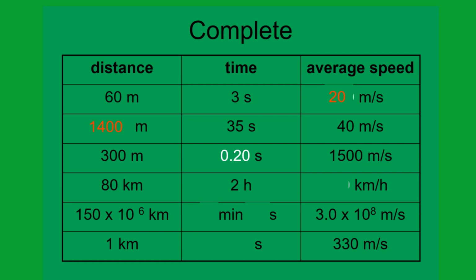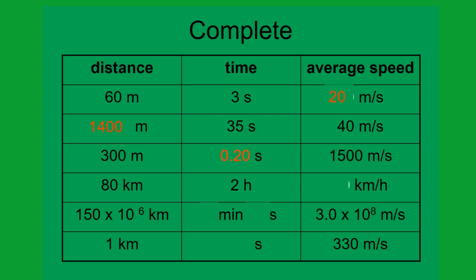Third one, already it is solved, but here distance and average speed are given, and we have to find the time. So how can you calculate time? Time equals distance divided by average speed.